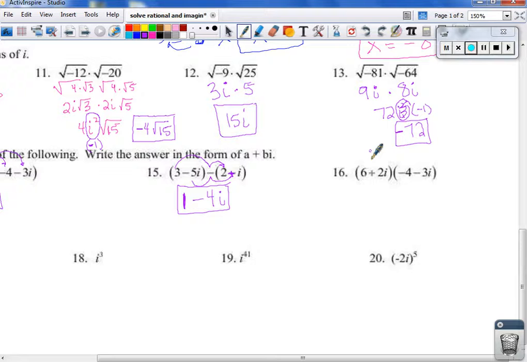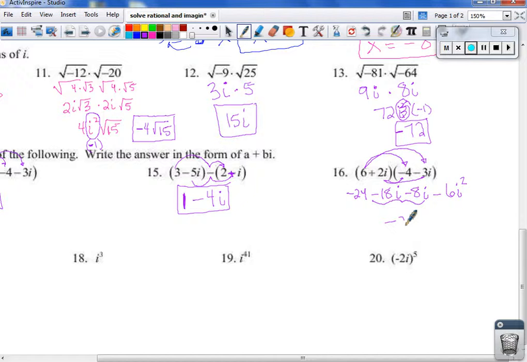So here's multiplication. We do it just like we do binomials. 6 times negative 4 is negative 24. 6 times minus 3i is minus 18i. 2i times minus 4 is minus 8i. And 2i times minus 3i is minus 6i squared. So we combine our like terms in here.